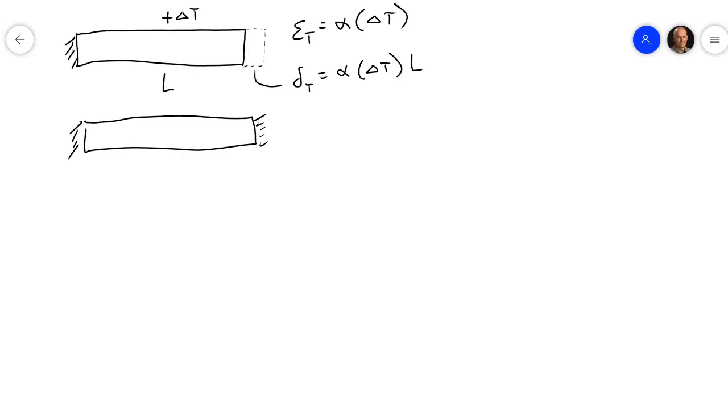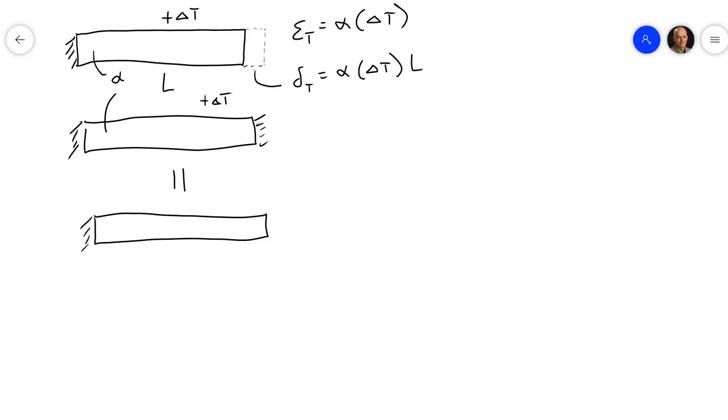And so let's say that, as before, this has some coefficient of thermal expansion and some length, and we give it a change in temperature. And as we saw before, we can use the principle of superposition and break this into two scenarios because of the linearity of the effect.